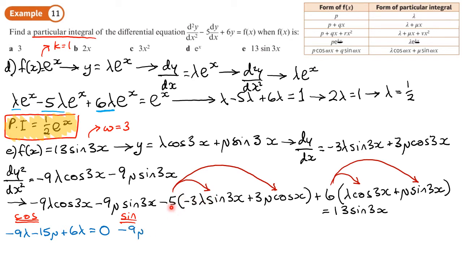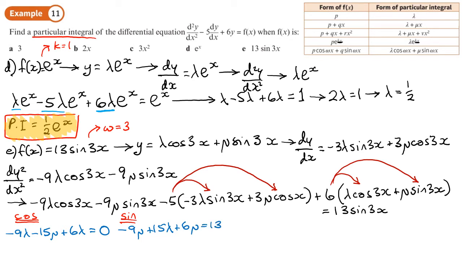Then from expanding these brackets it's going to be plus 15 lambda. And then from the last bracket here it's going to be plus 6 mu, and equals 13.